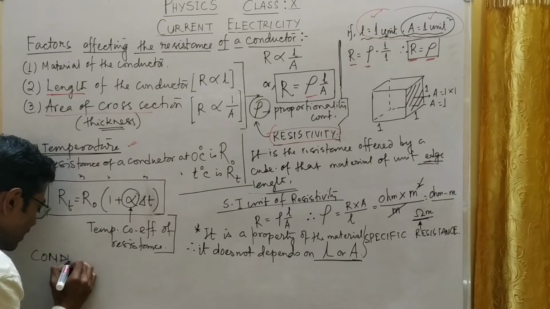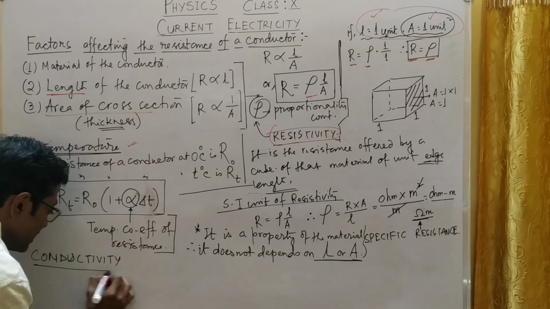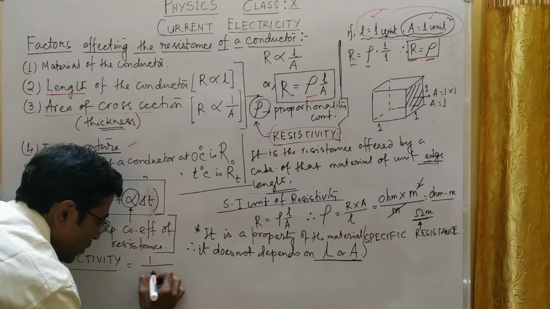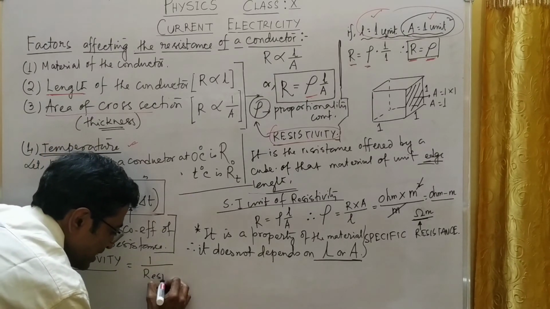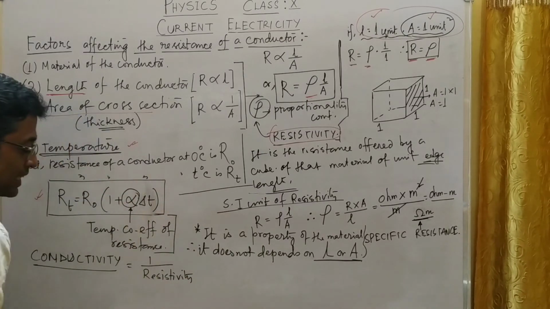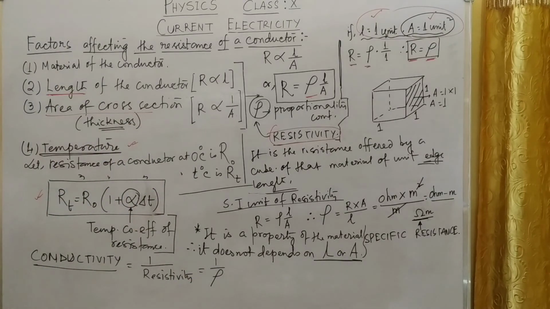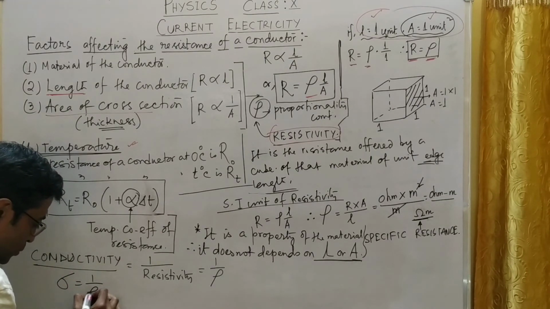Remember, conductivity is the opposite of resistivity. I can write it like this: 1 by rho is conductivity. Now conductivity is denoted by sigma, just the opposite of rho. So that is 1 by rho, remember.